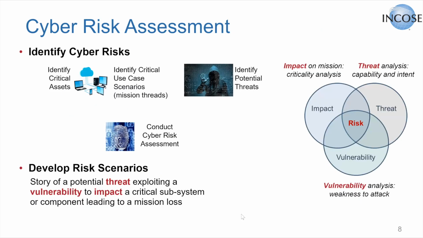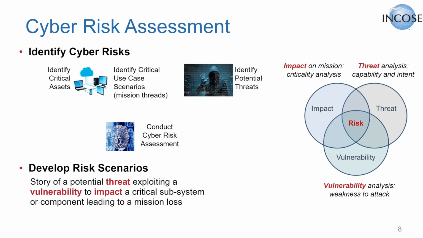So when we do a cyber risk assessment, it is not about just writing down a shall that says the system shall be secure. It's about identifying the critical assets that are part of the system, identifying the critical use case scenarios, those mission threads that describe what is important to the system. What are those mission threads that we want to preserve if we're under attack, identifying potential threats, and then pulling all those together into a cyber risk assessment.